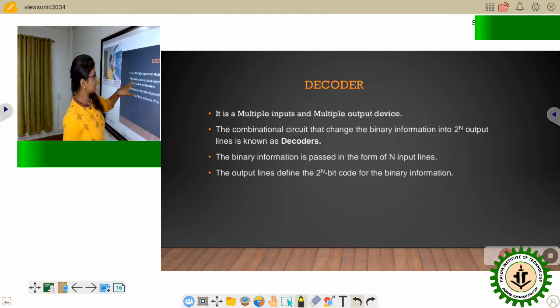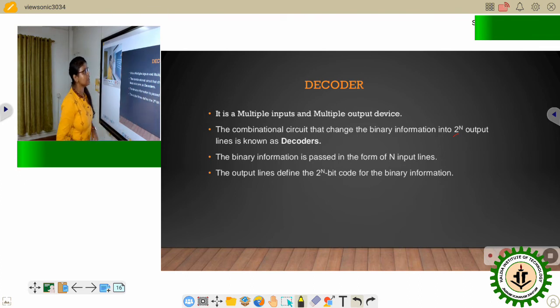It is a combination circuit that changes the binary information into 2 to the power n outputs. Suppose if we give 2 inputs, then we are getting 2 to the power 2 outputs, that is 4 outputs.